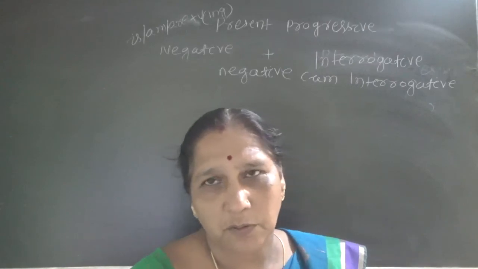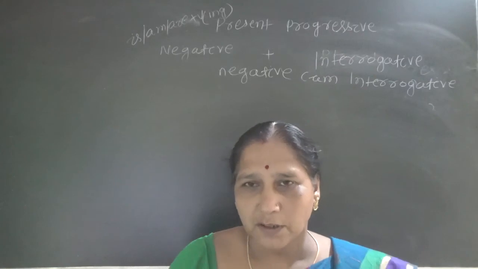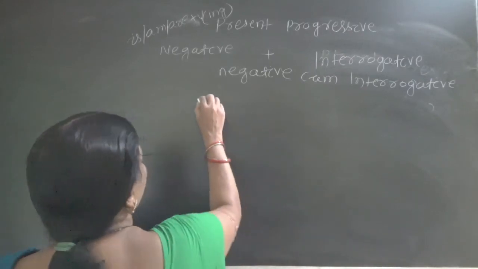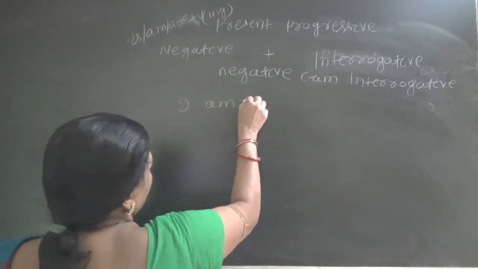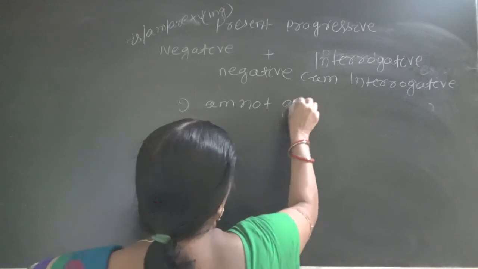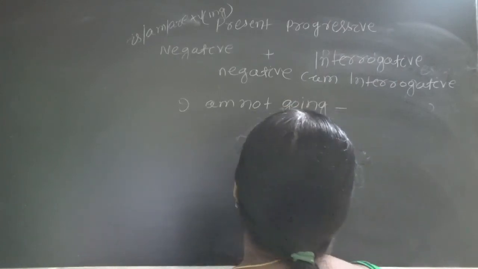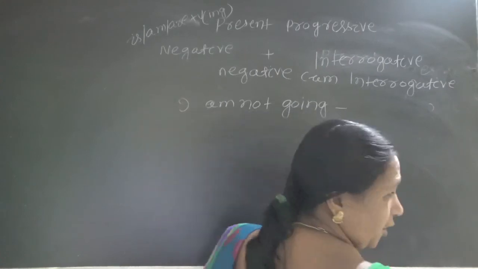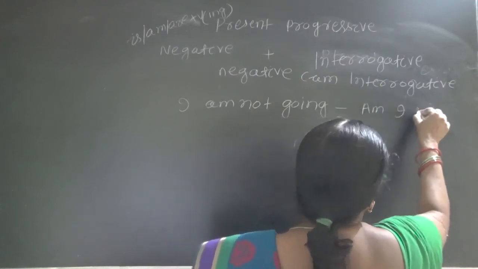Then how can we turn it into negative com interrogative? I am not going. When we turn it into negative com interrogative, the auxiliary verb will go to the front of the sentence, that is, am I not going?